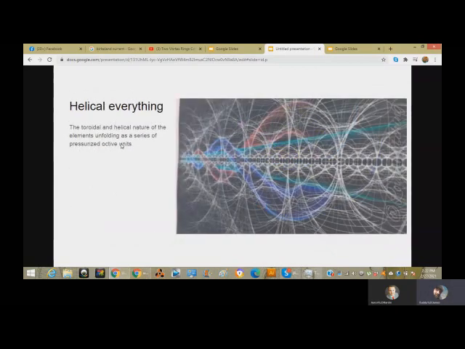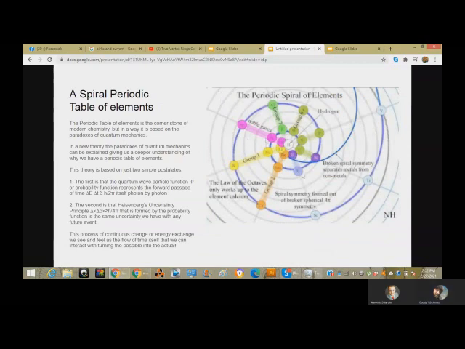So then we get into this other guy online here, and he's got his periodic table of elements, and this is exactly like what we were shown inside of the other ones of my images.